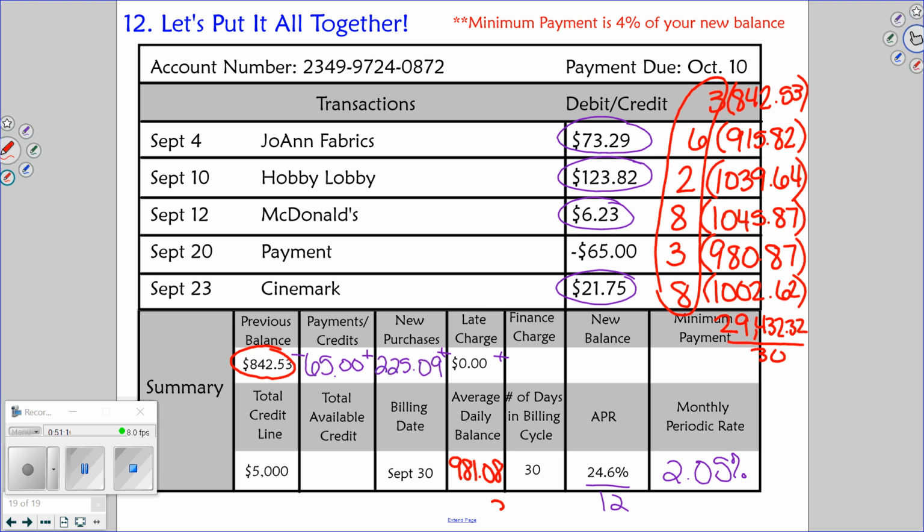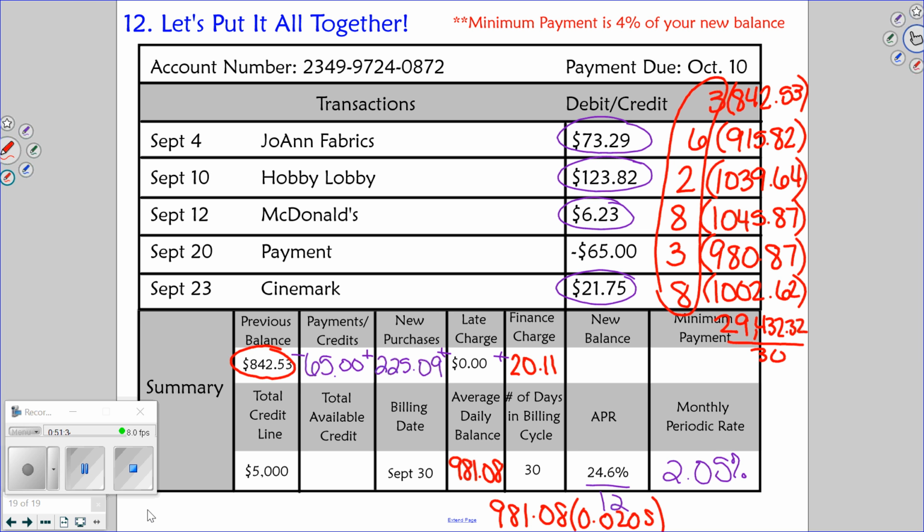So 981.08 multiplied by 0.0205. Your average daily balance times your monthly interest rate gives you your finance charge, which is how much? Good. $20.11.